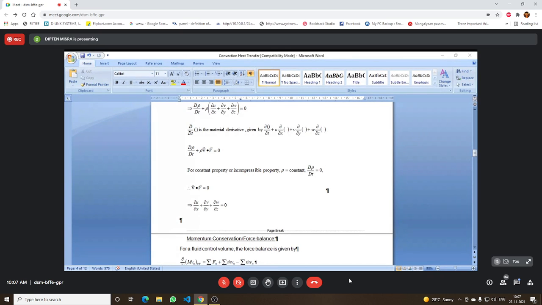Thank you. Now, what I was saying is that so far we have discussed the continuity equation, which in general form is this, and we have discussed the momentum equation just now. And if you see, it involves the velocity components, but not any temperature directly is present.